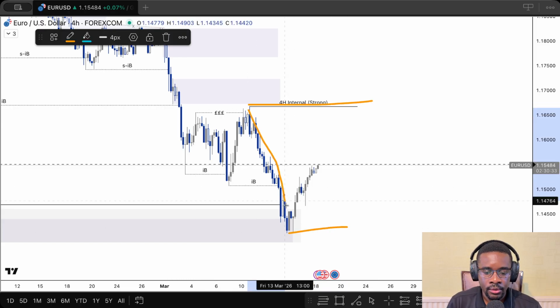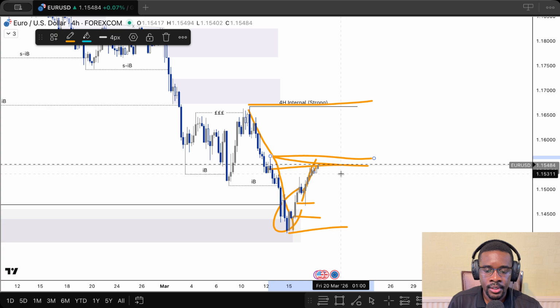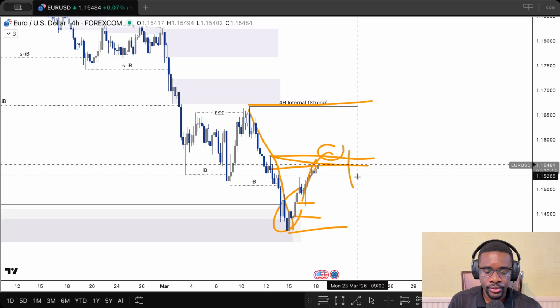Price reacted from this imbalance and then continued bullish, and then we might see price take out these highs. If the bearish trend is to continue after sweeping these highs, then we may be looking for price to start moving bearish.